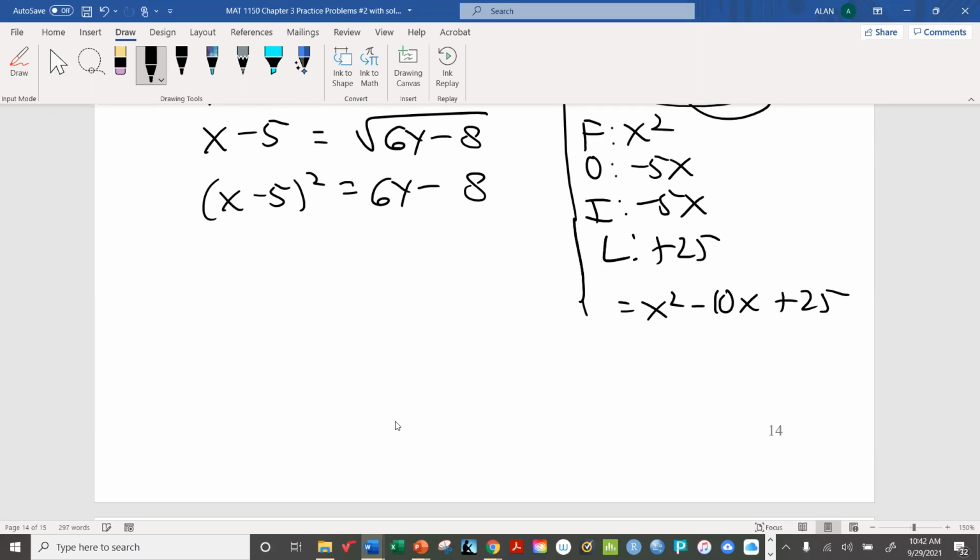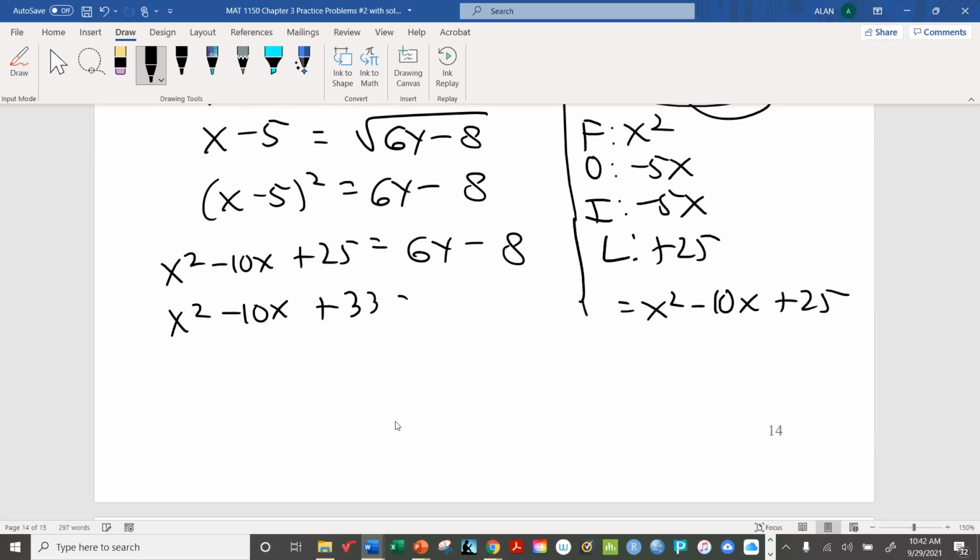All right, so the left-hand side here is x squared minus 10x plus 25 equals 6y minus 8. So I'll add 8 to both sides. And then finally, I'll just divide out the 6.